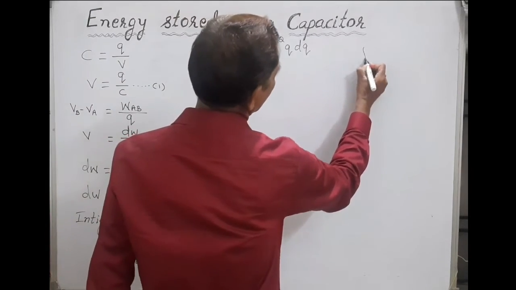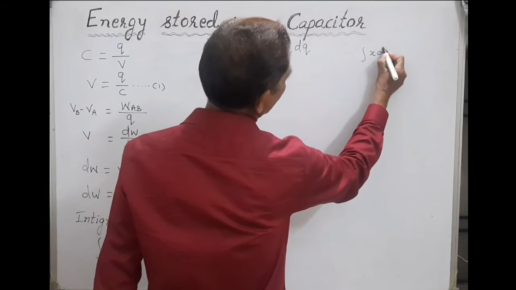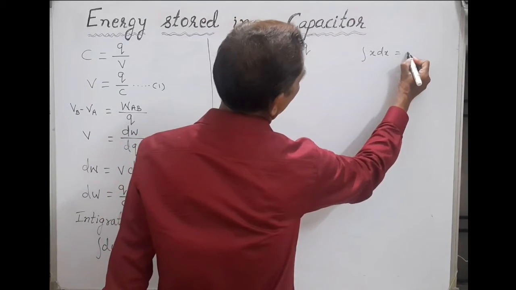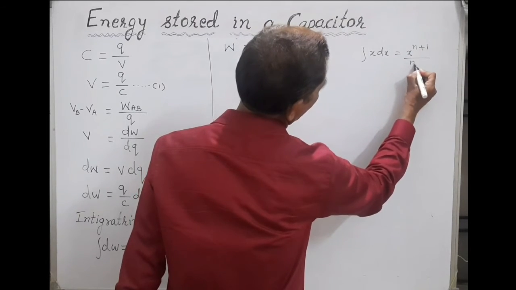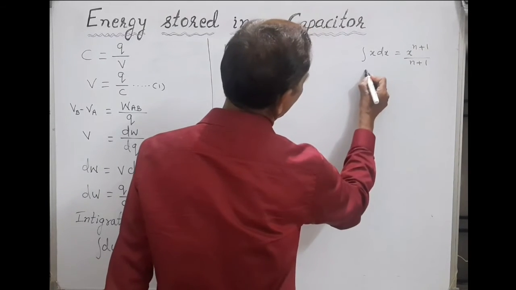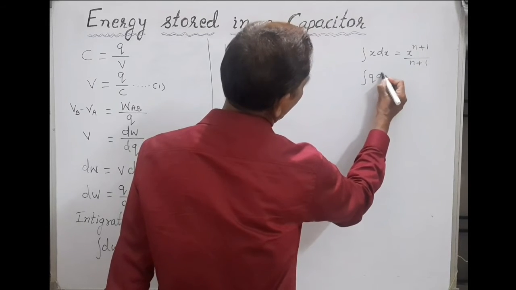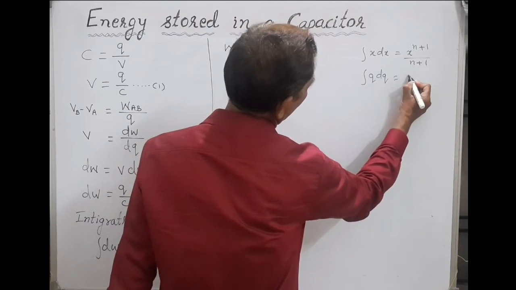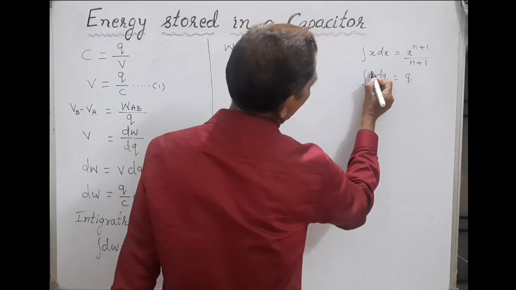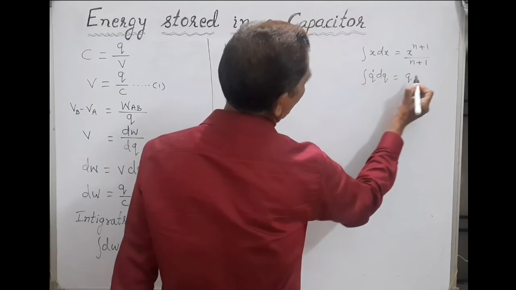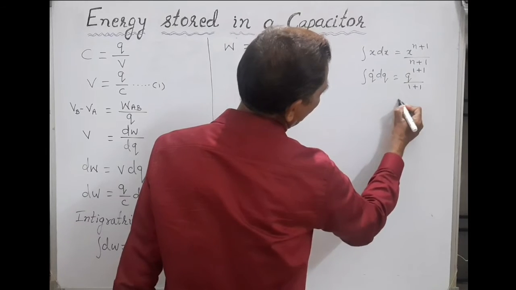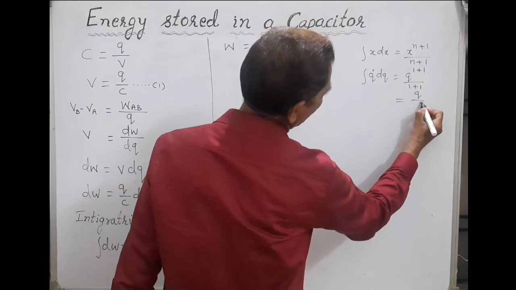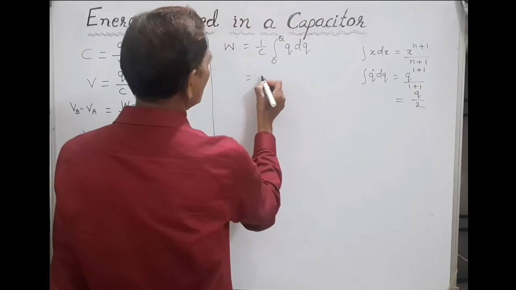As we know, the integration of x to the power n dx is equal to x to the power of n plus 1 divided by n plus 1. In a similar way, the integration of q dq is q to the power of 1 plus 1 divided by 1 plus 1. This gives q square divided by 2.